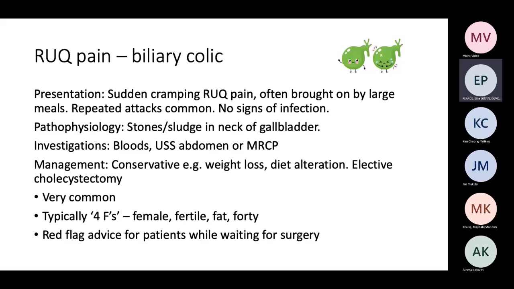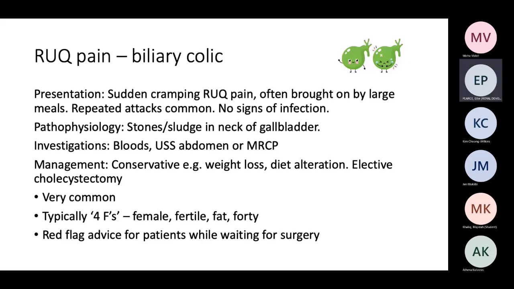And as the gallbladder is peristalsing and trying to move that stone along, that is what's causing the pain for the patient. So investigations, we pretty much always do bloods and then an ultrasound abdomen, or we can do an MRCP, so investigation of the biliary tree using MRI.